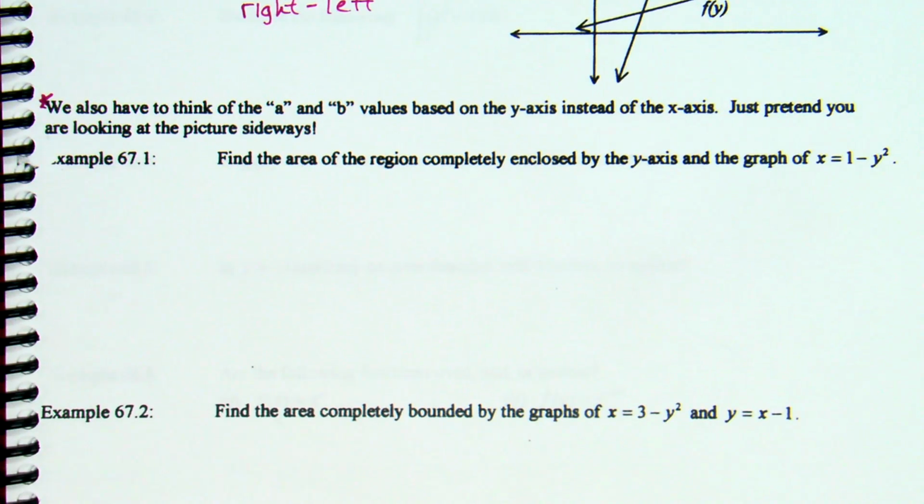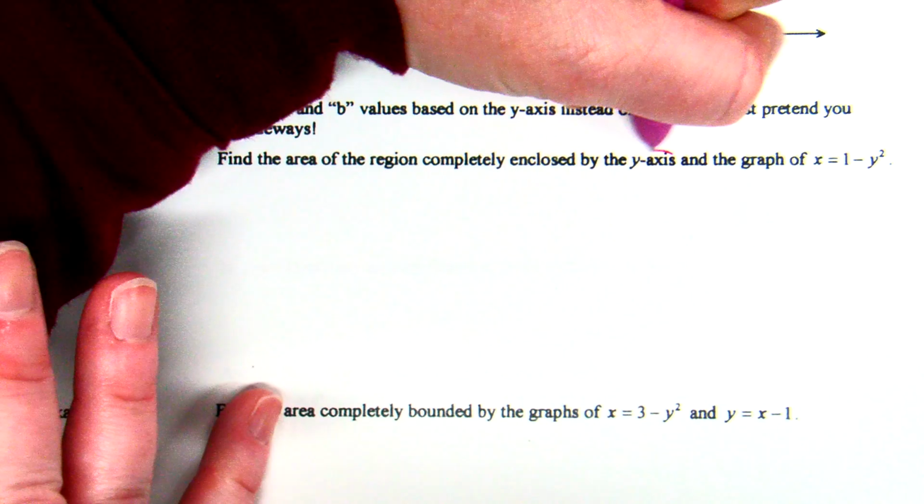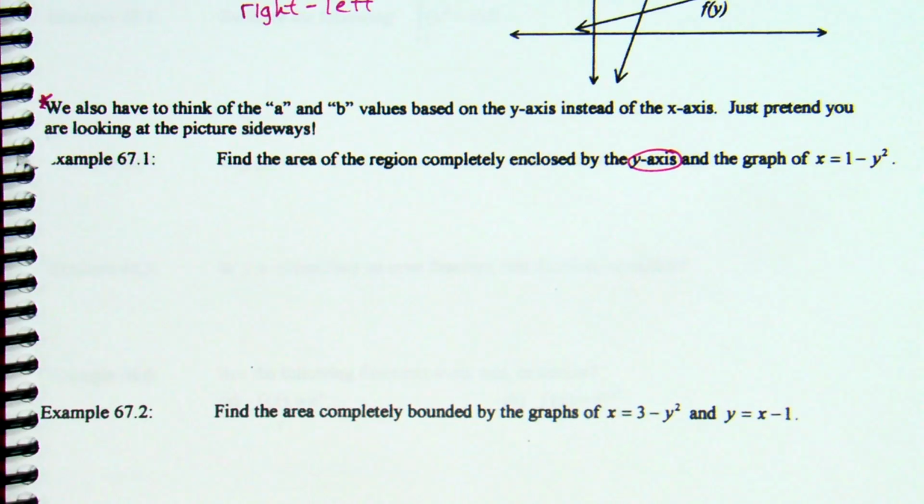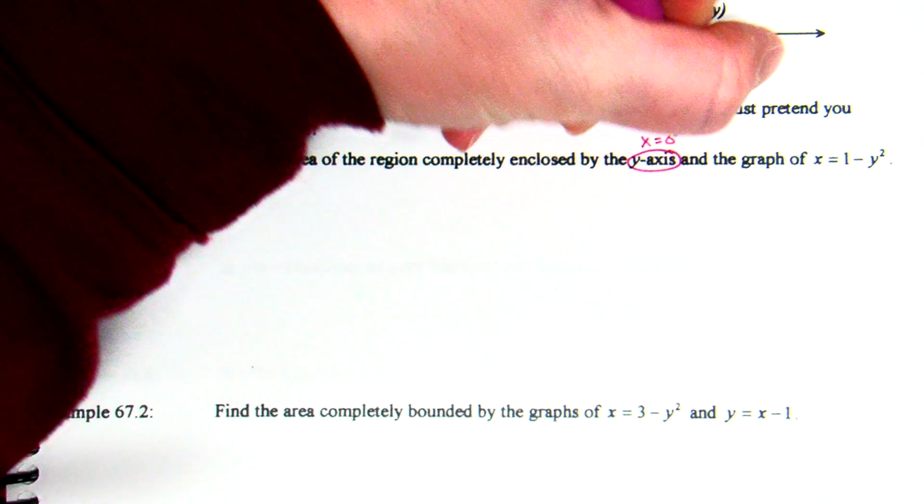The region is enclosed by the y-axis. That's easy enough. What is the equation for the y-axis? I know you have the visual of the y-axis, but what's the equation? X equals 0.